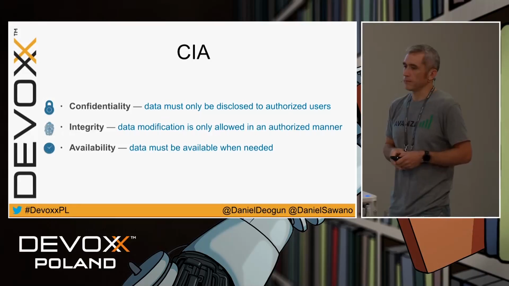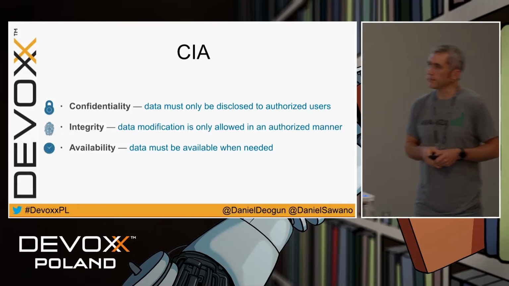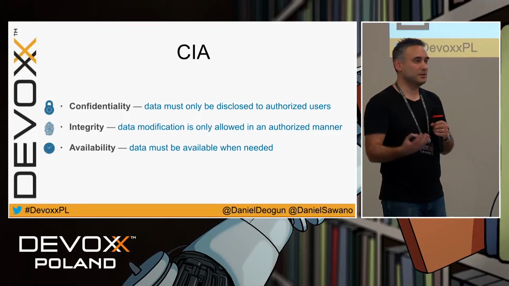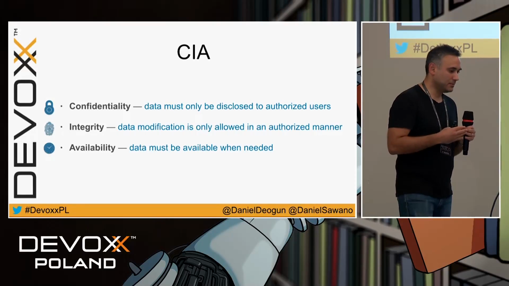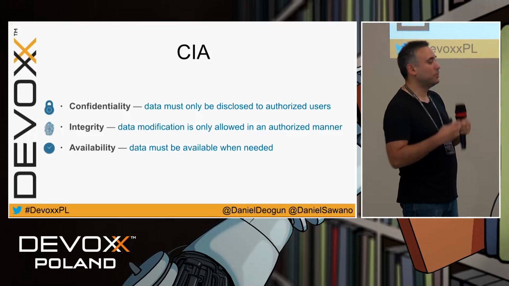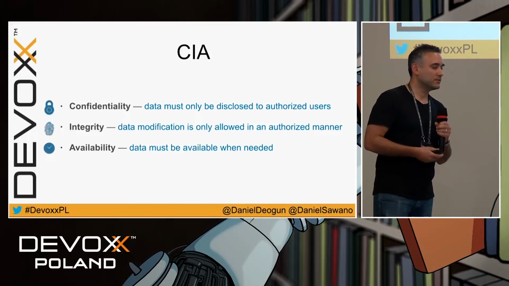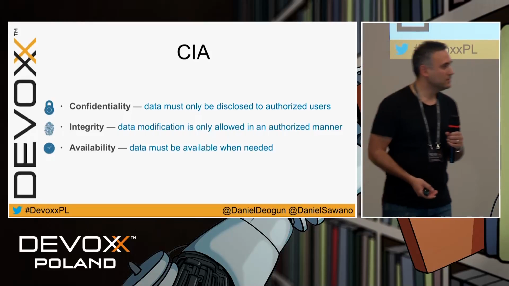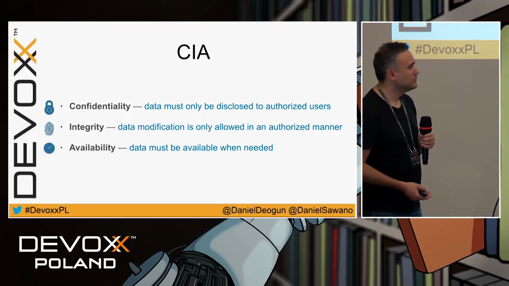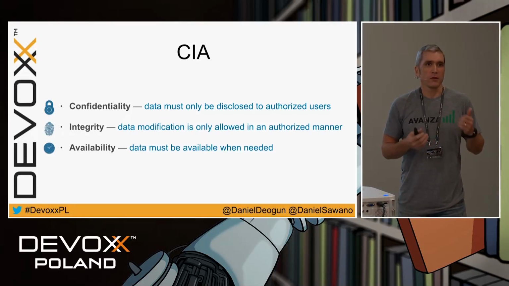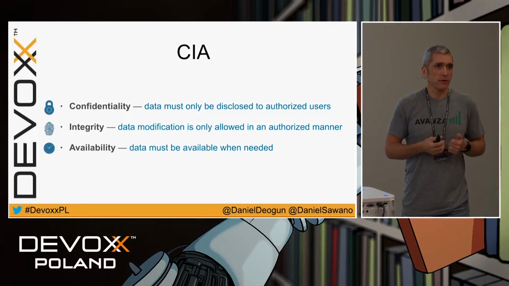And then, of course, we have availability, right? I assume that the data must be available when needed, or in some sort of appropriate time at least, right? The correct data should be available when you need it. Yes. Can you give me an example? So, a non-computer science example would be, let's say my house is on fire, and I need to call 112 to get the fire department.